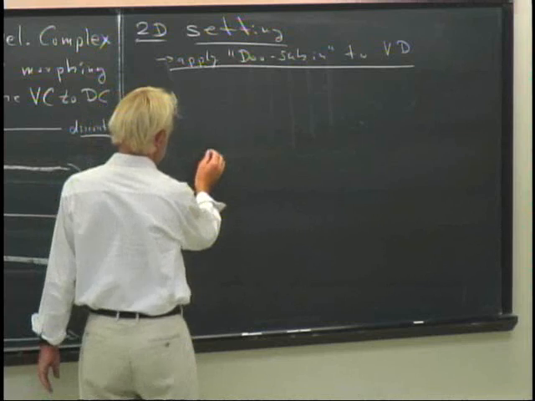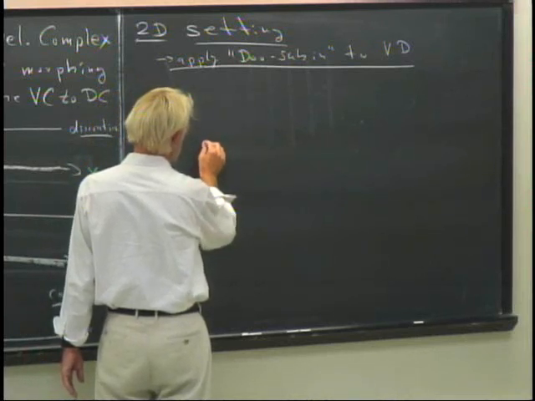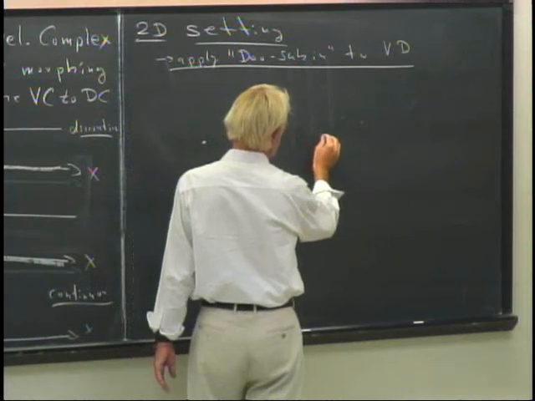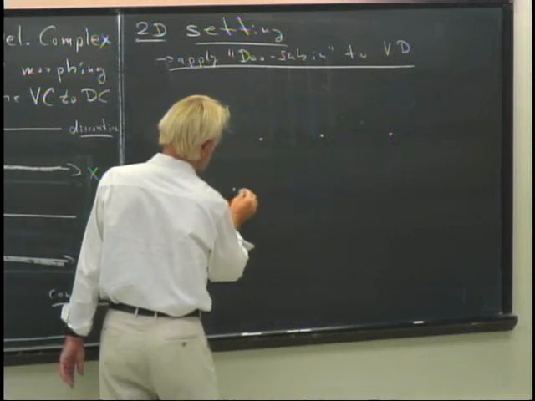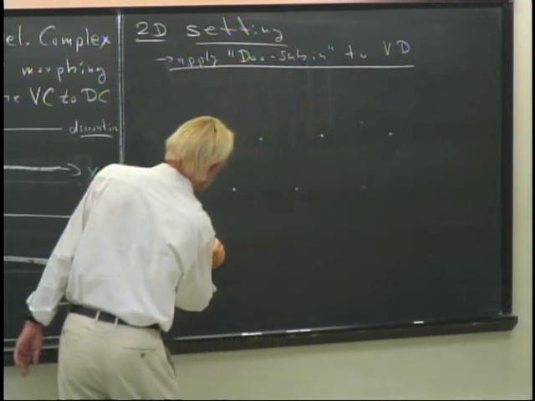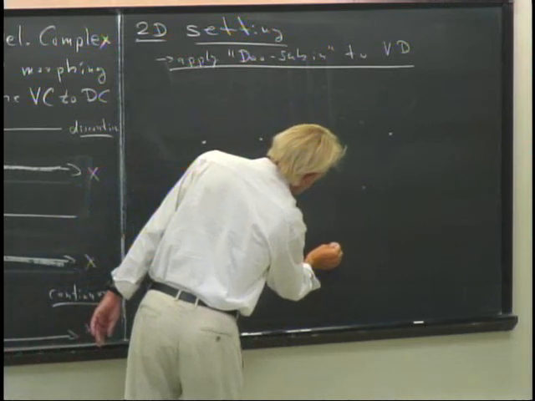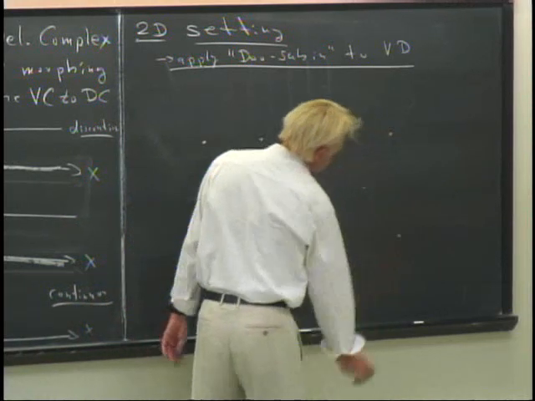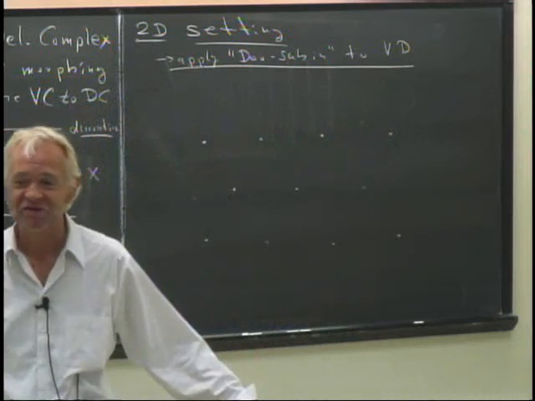Okay, so how do I do that? I start with my beautiful, simple example of nicely arranged points. Some of the things I talk about are just beautiful tricks that we like to play in computational geometry.